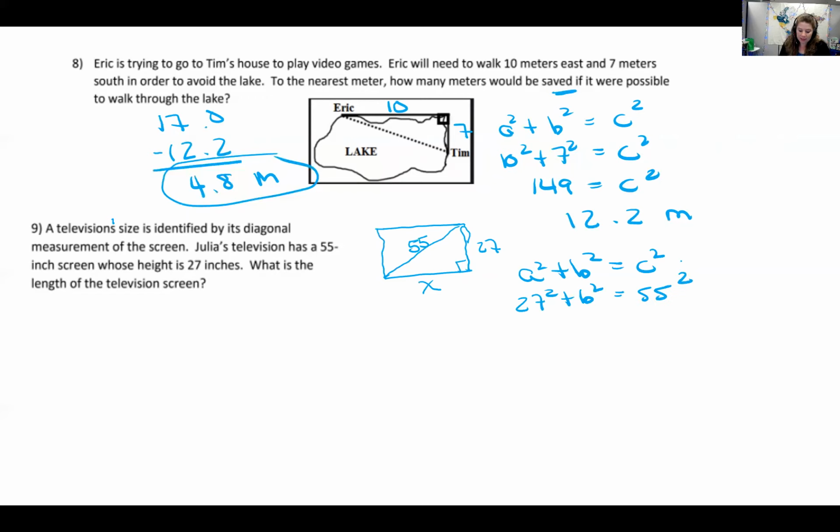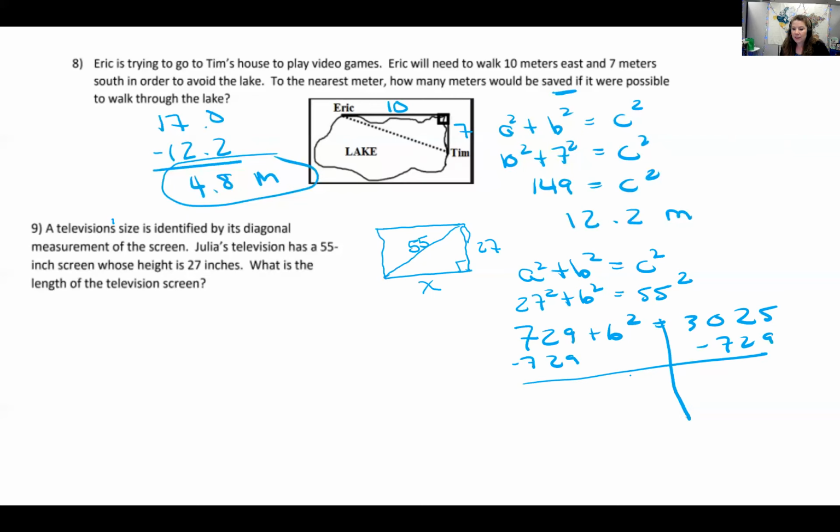All right, so 27 squared is 729. And 55 squared is 3,025. So we're going to subtract 729 from both sides. So B squared is equal to 3,025 minus 729, and we get 2,296.